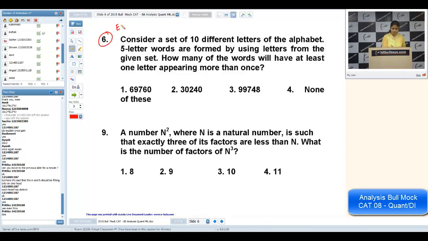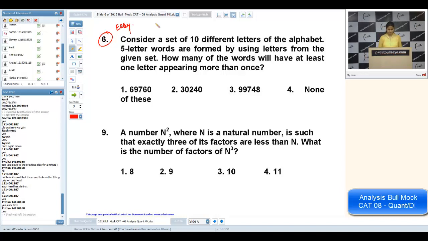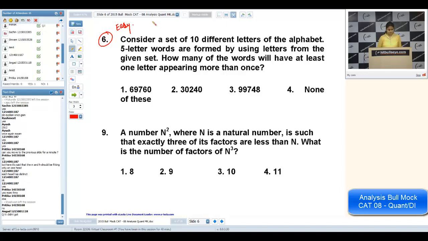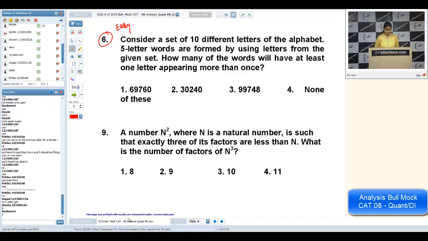I don't know what the problem was. Yeah, any problem in this now? 6. Okay, I'll come to that, Angad. Okay, Amrita. Okay, see. Okay, Rashmeet, let me explain now.